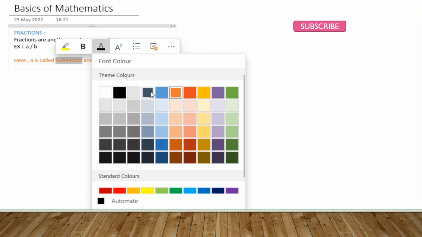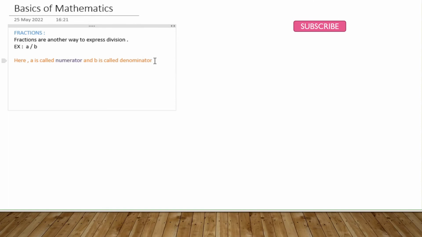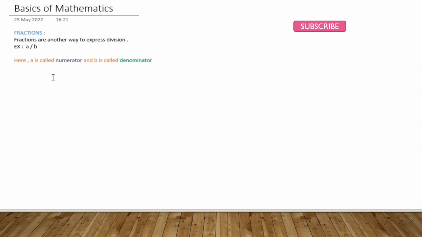Okay, I'm going to highlight this numerator and this denominator.